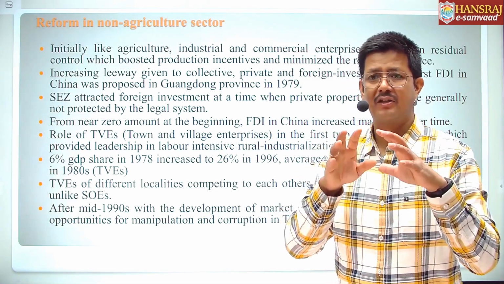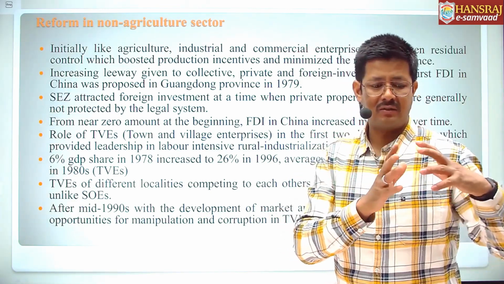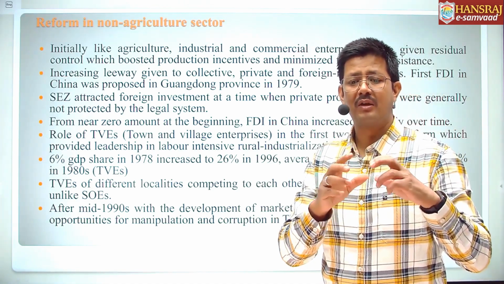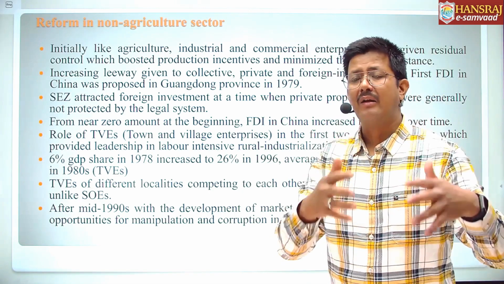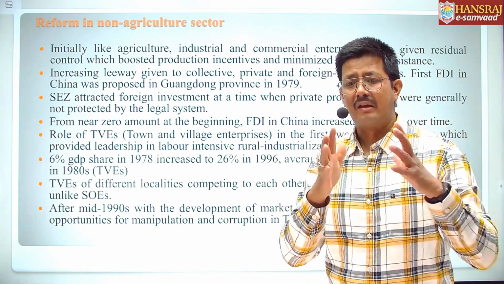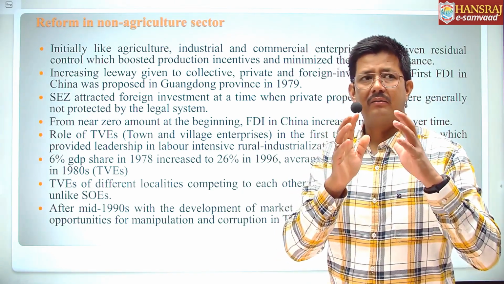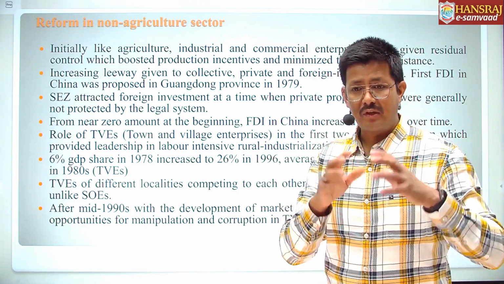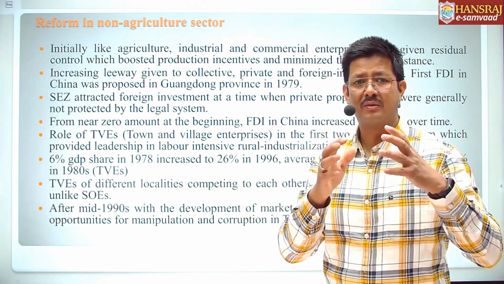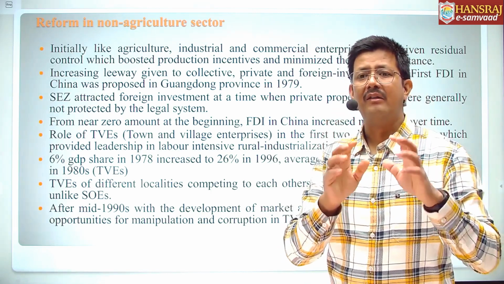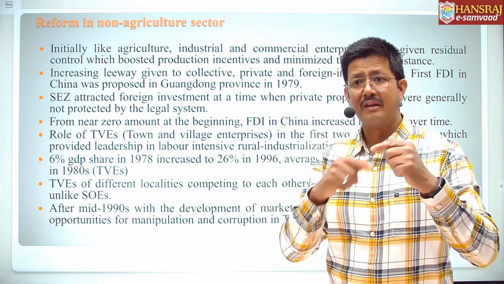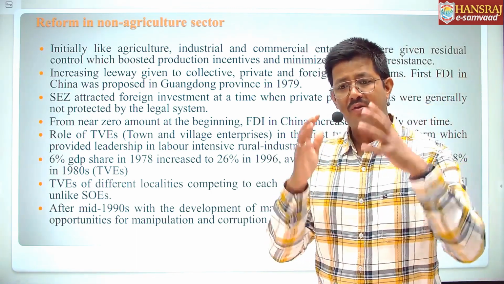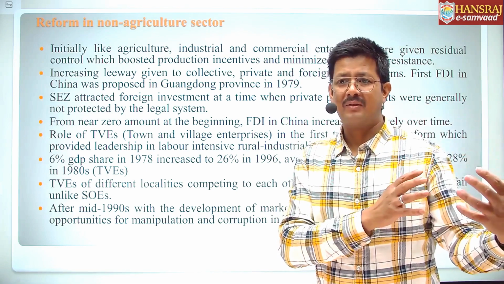The industrialization started from the towns and village enterprises that were locally run, just like the small scale industries in India. That rural industrialization was supported by these town and village enterprises, and these town and village enterprises were supported by the agriculture reforms.